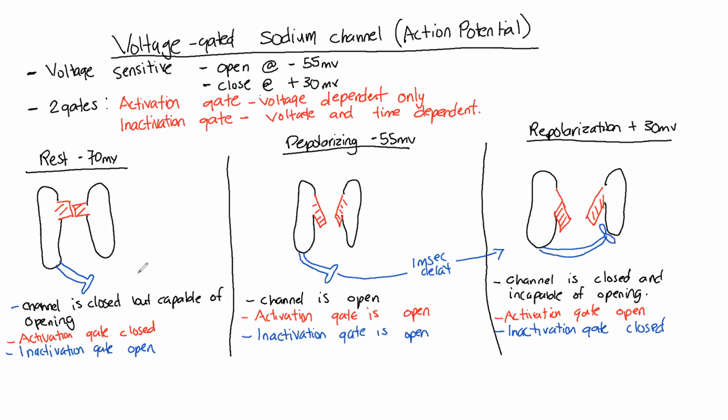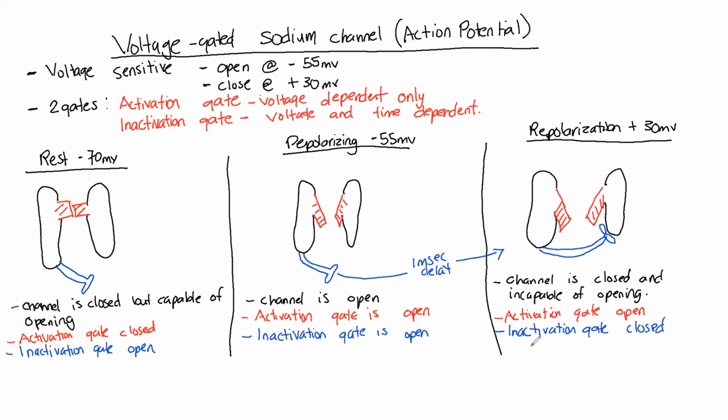All right. Now, this third state of the channel is really important. It coincides with what we call the absolute refractory period. Basically, after we fire an action potential, there's a period where we cannot fire another action potential, even if the strongest of stimuli is initiated.